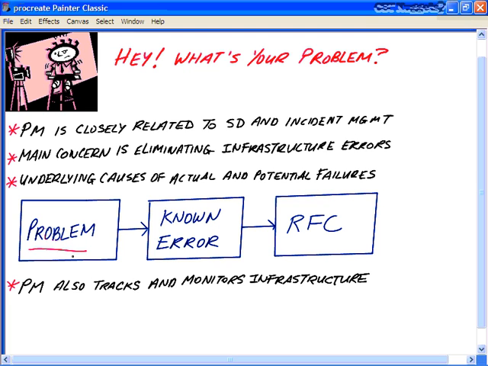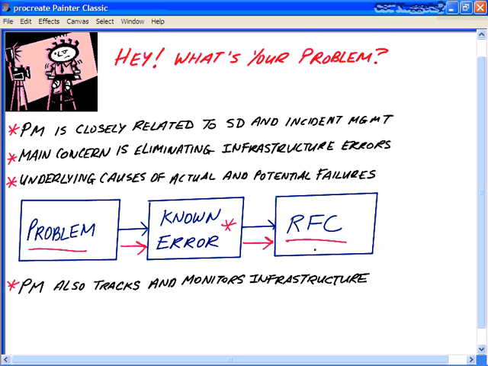Now, what that leads to is the known error. So a problem is going to lead to a known error. A known error is a problem for which the root cause is known and for which a temporary workaround has been identified. From that known error and the subsequent workaround, we've got what's called an RFC.